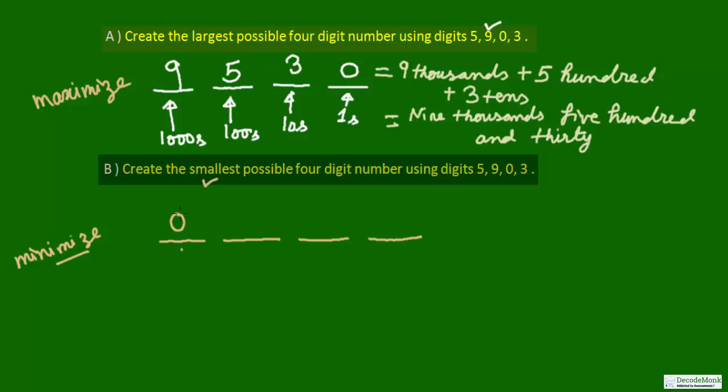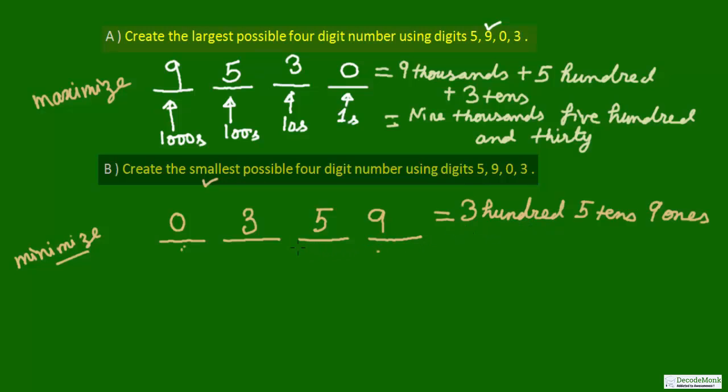So by our logic, we put the smallest digit, that is 0, at the thousands place. Then we put the next smaller, which is 3, then 5, and then 9. This place represents the number of thousands, hundreds, tens and ones. So this is equal to 300, 5 tens and 9 ones, or simply 359.